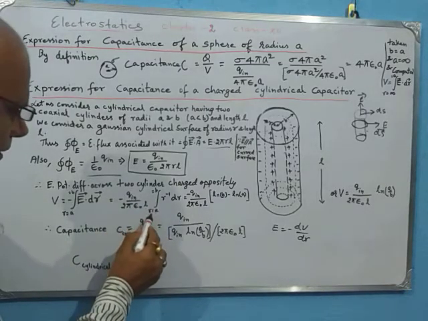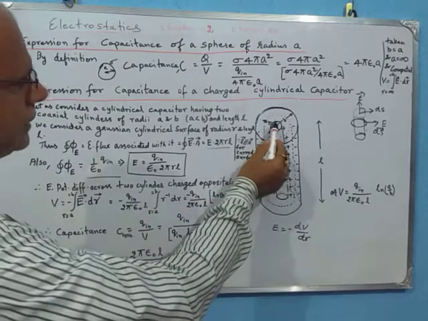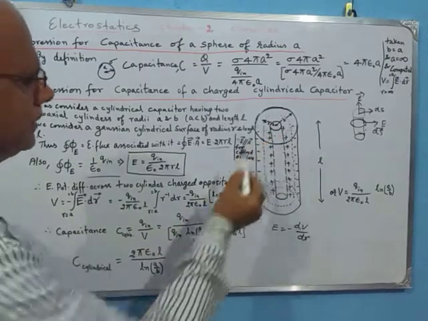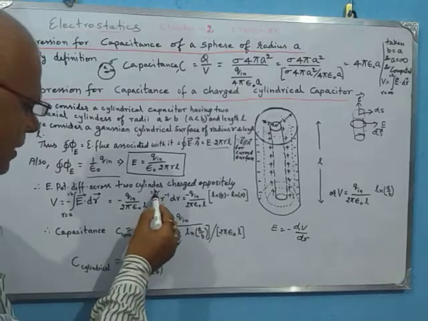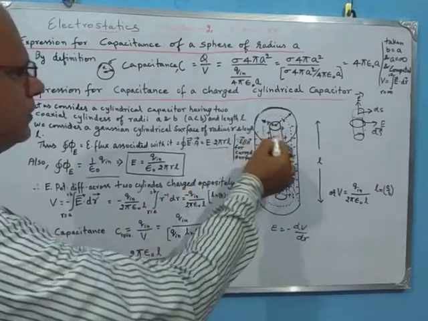The limit is r equal to a, the radius of the inner cylindrical surface, to r equal to b, the radius of the outer surface.